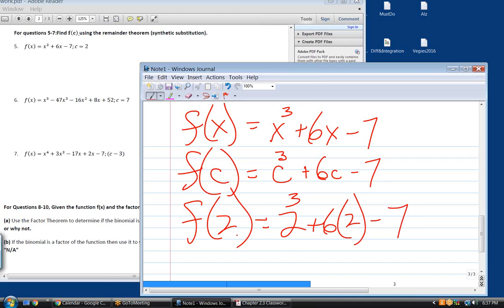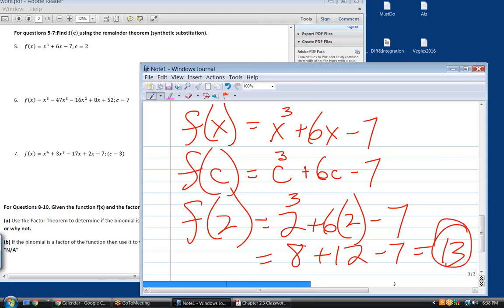So I believe that's all they want here. I'm not quite sure. Would x minus 2 be a solution? What is this? This is 8 plus 12 minus 7.